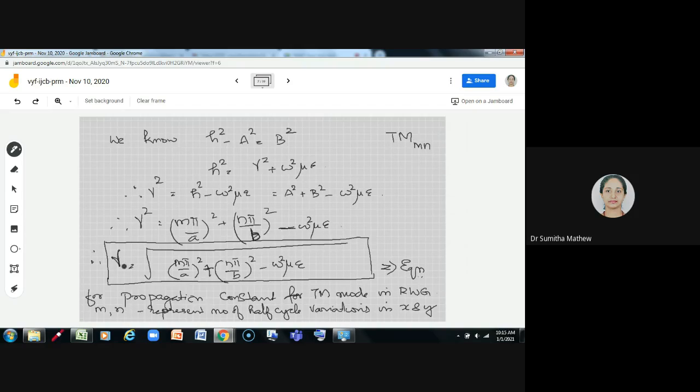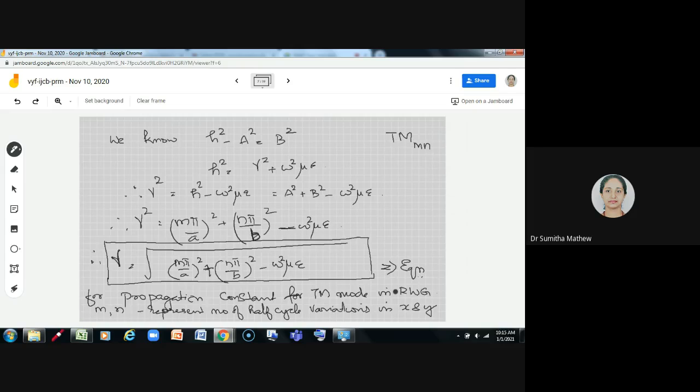So now we have an expression for the propagation constant in terms of the dimensions a and b and m and n. So gamma is the square root of m pi by a whole square plus n pi by b whole square minus omega square mu epsilon, which is the equation for propagation constant for TM mode in a rectangular waveguide, where m and n represent the number of half cycle variations, or we simply call them the indices.